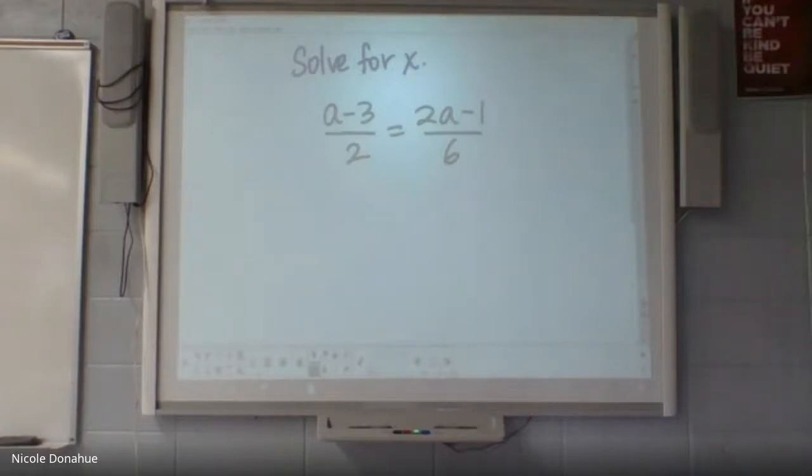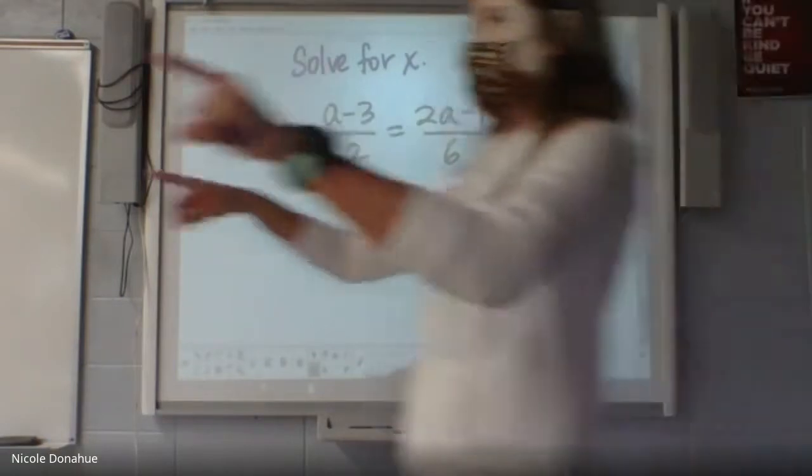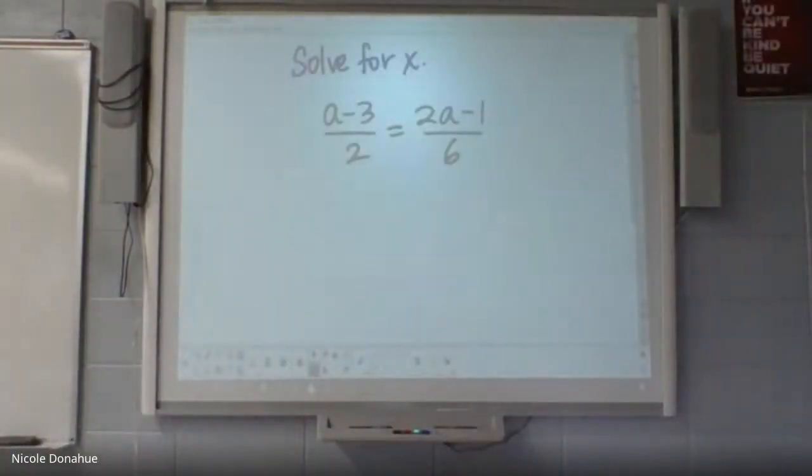Distribute. 6 times 3. Right? Okay. 2A is 2, but then 2 times 1 should be 2 here. You guys are making me nervous. So move this over, and then move that over, positive 18.